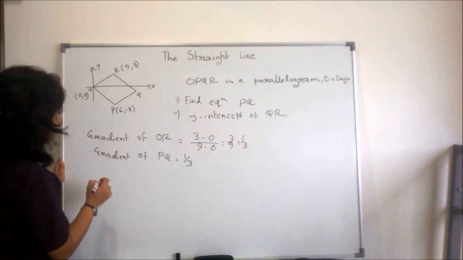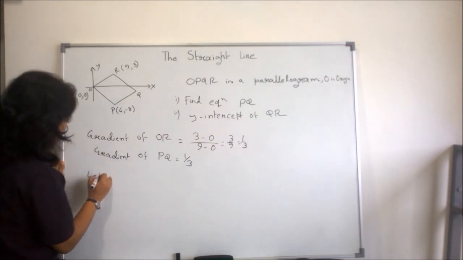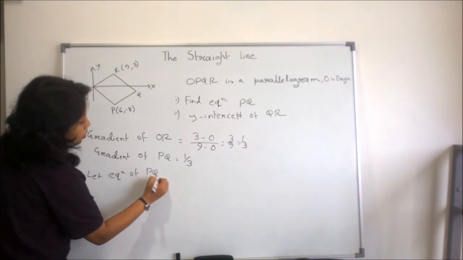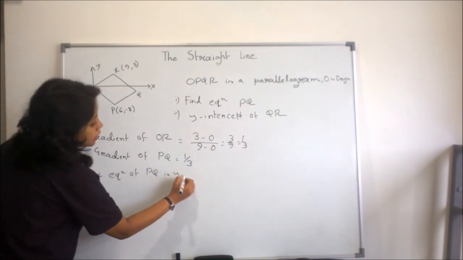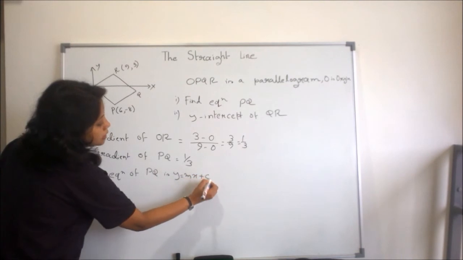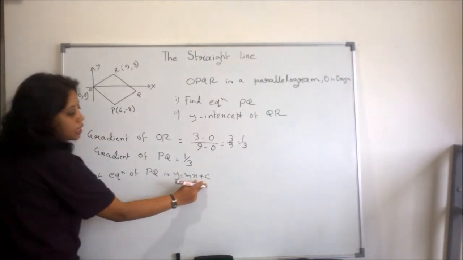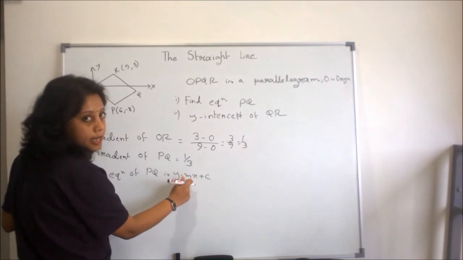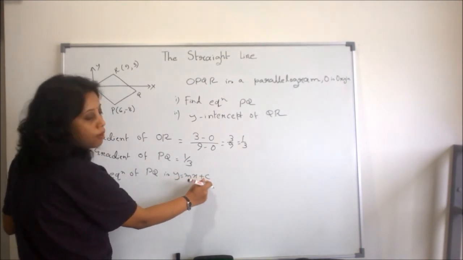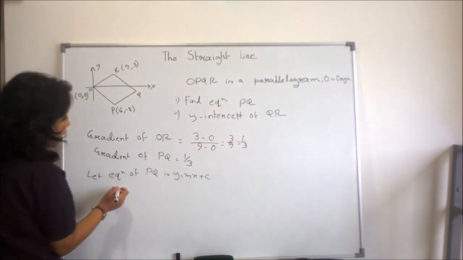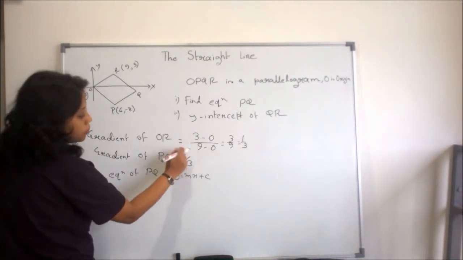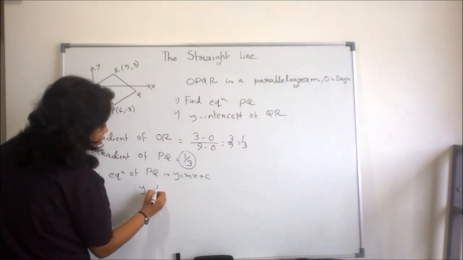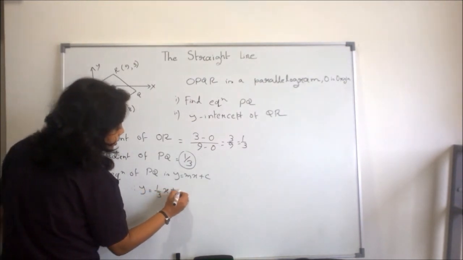Let the equation of PQ be y = mx + c, the general equation of a straight line, where m is the gradient and c is the y-intercept. Here in place of m we put 1/3, so y = 1/3 x + c.